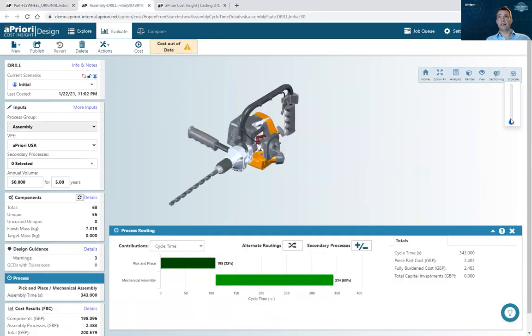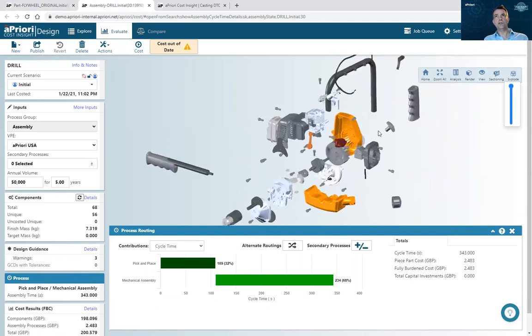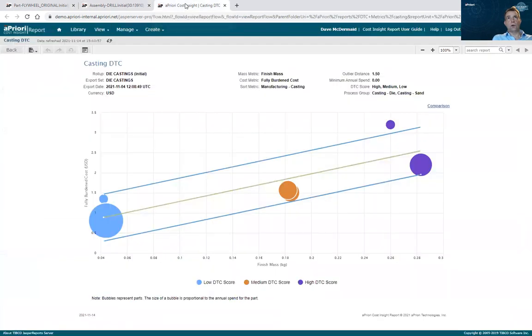But in a product like this, where we make entire drills, of all these components, where are these issues? Where do we discover them? Well, aPriori is going to give us that through reporting. It's going to combine not just design for manufacture information, but cost into the equation, because cost is going to govern where the best opportunities lie. So if I plot all my die castings here on a graph of cost along the y-axis versus mass or weight on the bottom axis, I can see a trend for die castings.